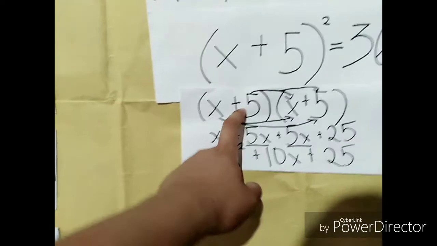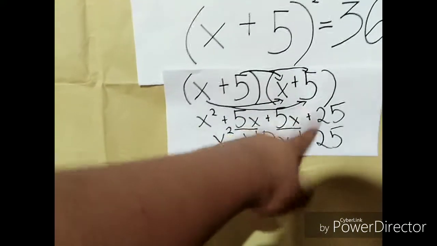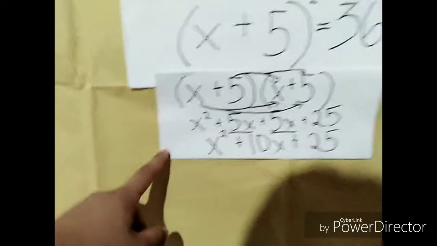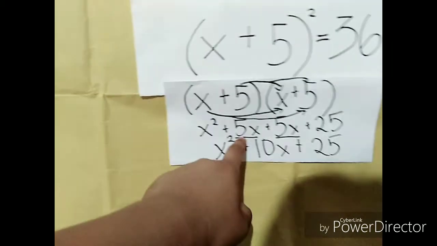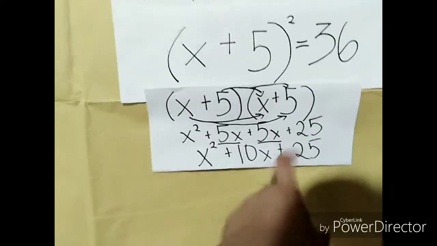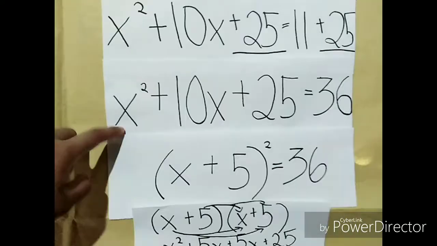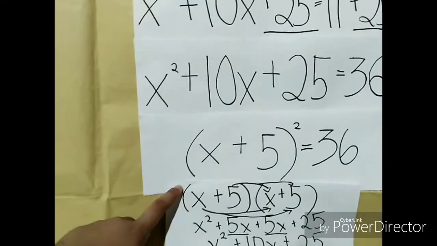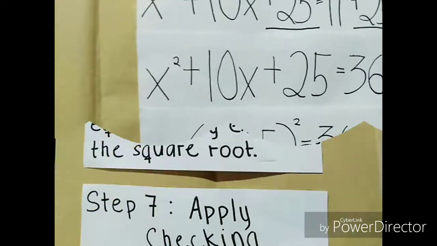Then positive 5 times positive 5 equals 25. Let's add the same terms: 5x plus 5x equals 10x. So x squared plus 10x plus 25. The equation is the same as this equation, so this square of the binomial is correct.